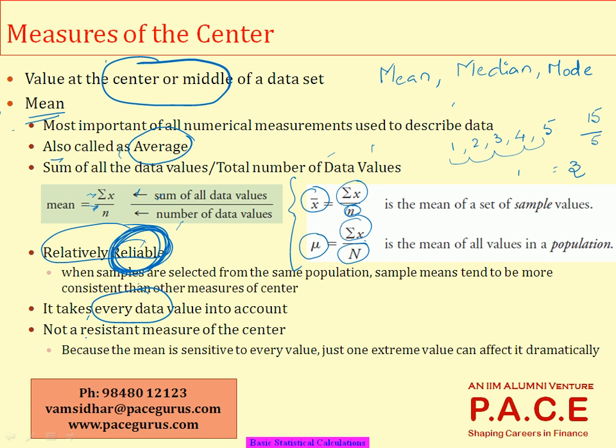What do I mean by this word non-resistant measure? It cannot resist the change if one value is extremely distorted. So it is very sensitive to the outliers. So that is one negative thing that works for the mean, but otherwise because of its heavy reliability, we use mean more compared to the other measures of central tendency.